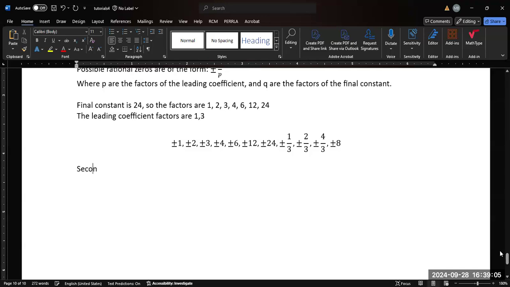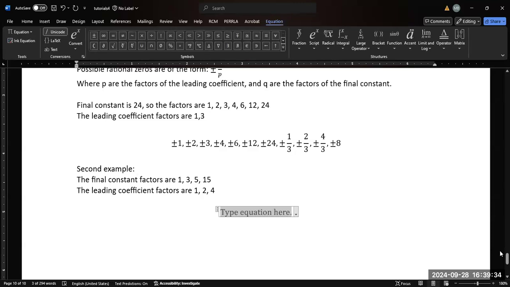So for the second example, the final constant factors are 1, 3, 5, and 15, and the leading coefficient factors are 1, 2, and 4.